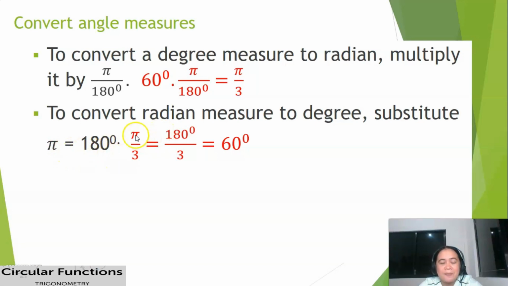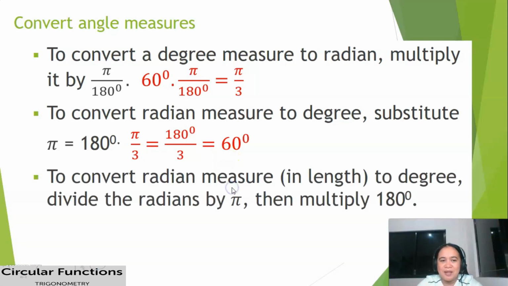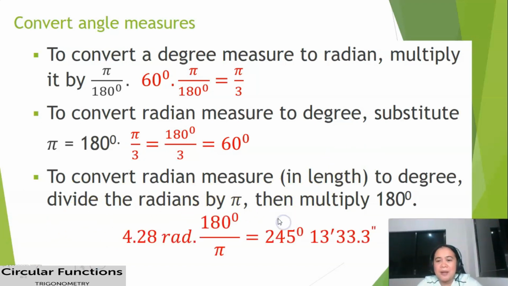For example, pi over 3 converted to degrees: pi would be 180 degrees over 3, which goes back to 60. Another, to convert a radian measure to degrees, divide the radians by pi, then multiply by 180 degrees. For example, 4.28 radians, so that would be times 180 over pi.